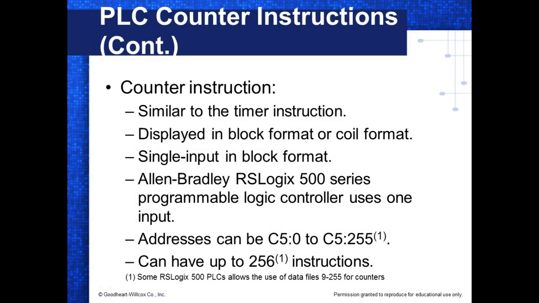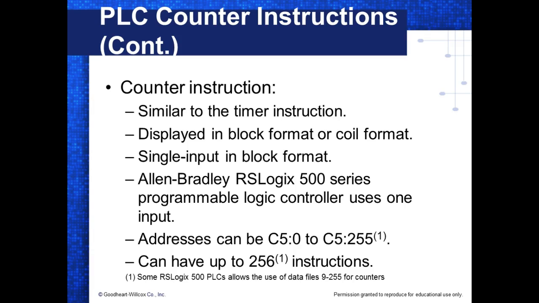So they're similar to timers. We use the block. We don't use the coil method. I'll try to hook up the Siemens 1200 and let you see. Siemens supports both types. So whichever type you're used to using on the Siemens, you can use either the coil method or the block method.